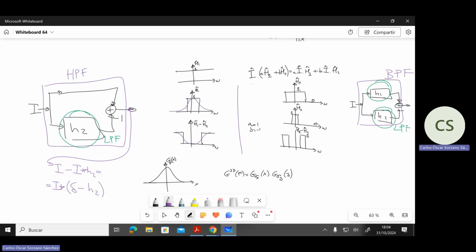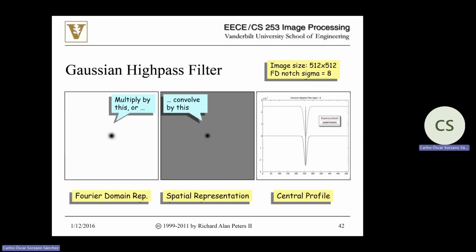So on this branch we have a delta response. On this branch we have minus H2. So this is the impulse response of the whole filter, delta minus H2. And that is what we see here. So we see a spike minus the Gaussian.